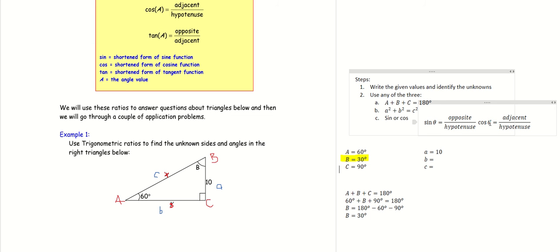Tatlo rin. Angle, adjacent side, hypotenuse. Okay? So, the thing is, hindi ka makakapag-solve kapag isa lang dun sa tatlo yung given. You should have at least two para isa na lang yung missing or isa na lang yung unknown and you'll be able to solve it.